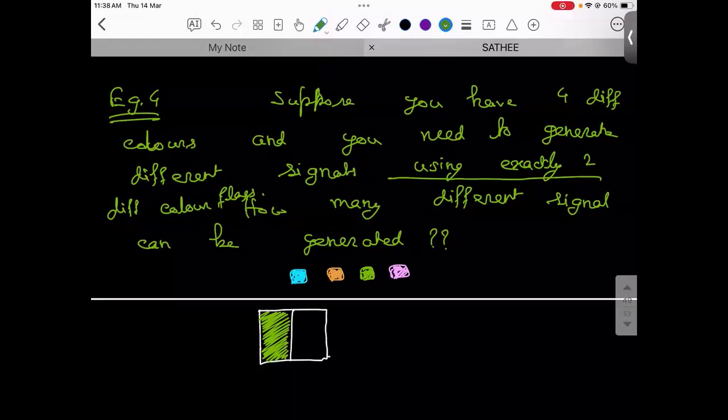Here they are using 2 different colors to make a flag. Now if I draw green in both the places, then that will not make a different signal. These 2 are the same. In a signal, if you make a large signal or a small signal, like for a train line, you have seen the colors yellow, red, and green.